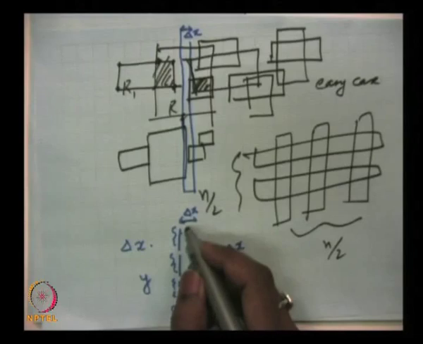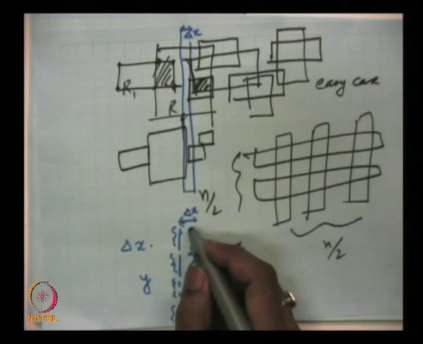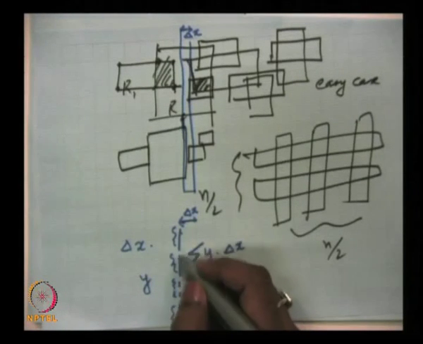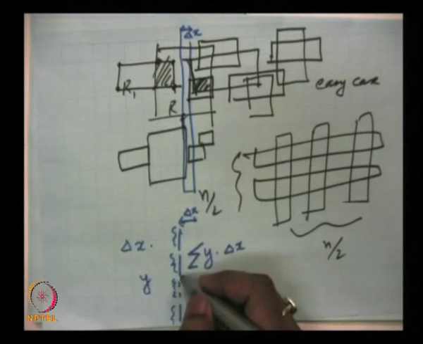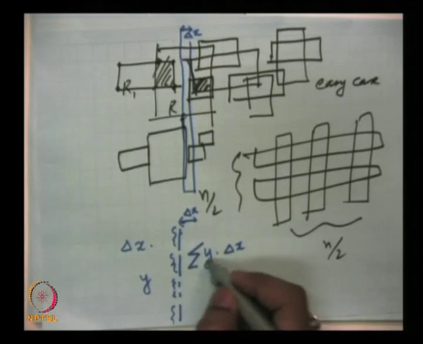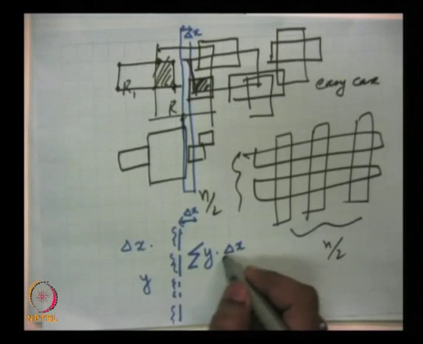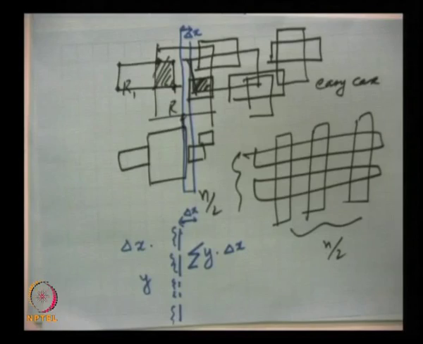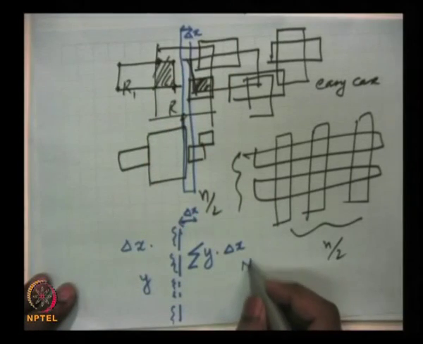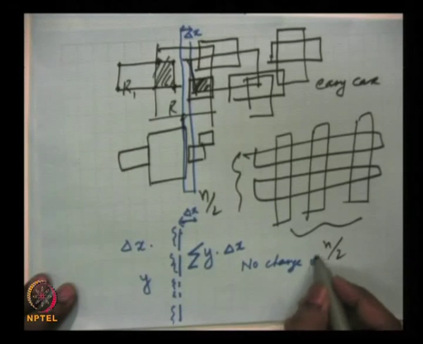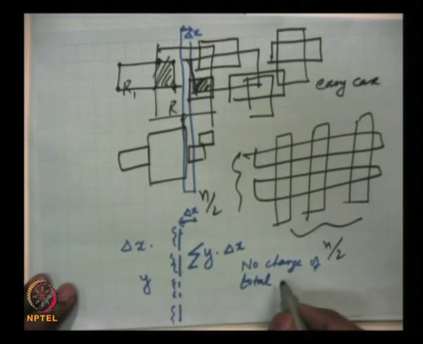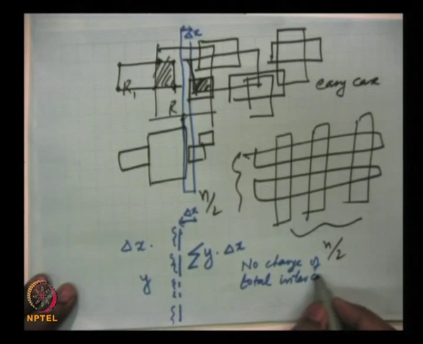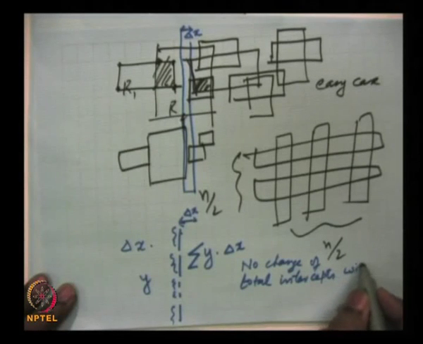So in this delta x, only if there is no change in the intercepts is it delta x times y, and I have to sum it over those delta x where there is no change. So there will be some pieces that I have to sum up. So no change of total intercepts within delta x, then this will work.